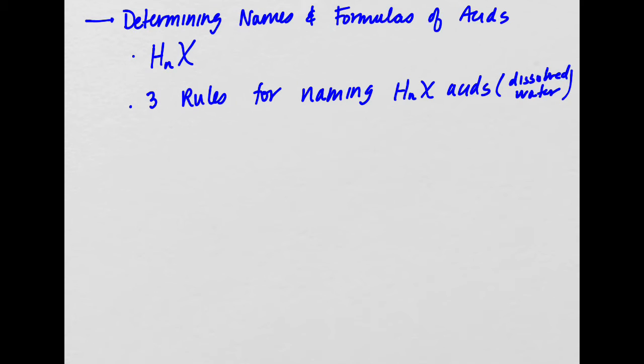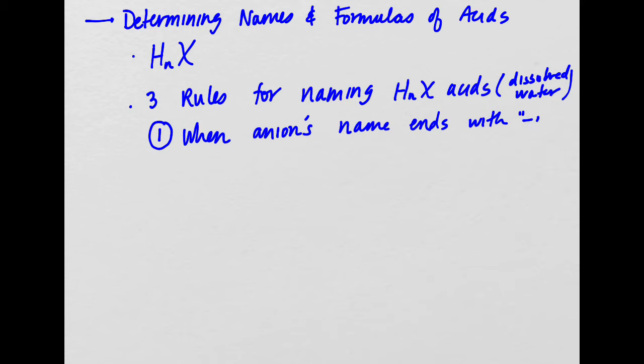So our first rule sounds confusing, but I'm going to write it all out and we're going to explain it. It's going to be okay. So when the anion name ends with ide, for example, let's look at HCl.